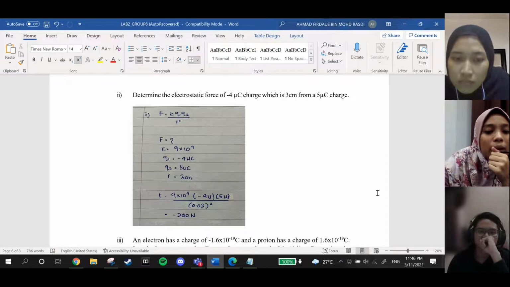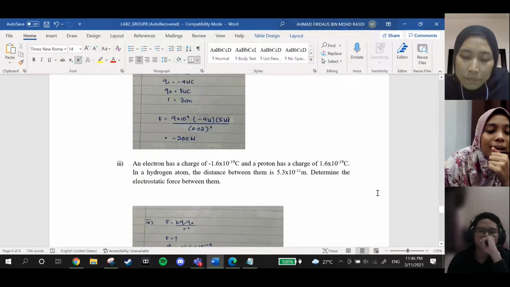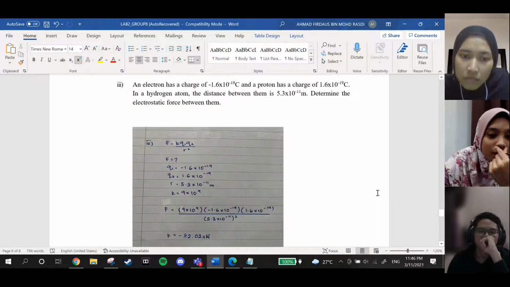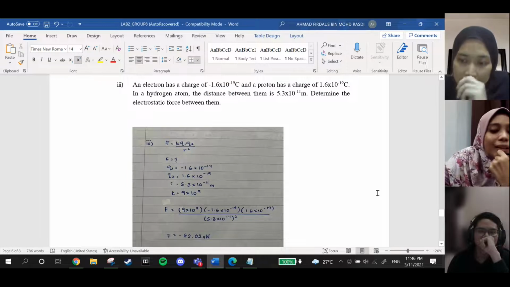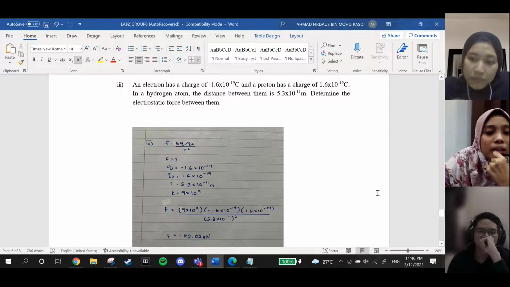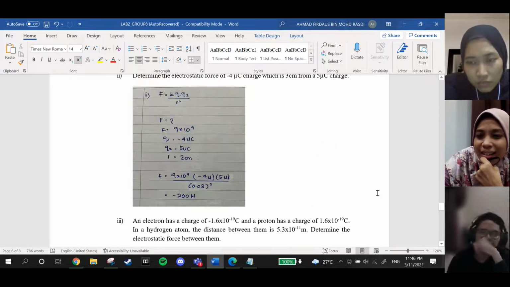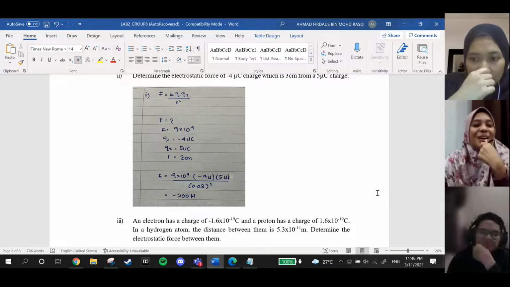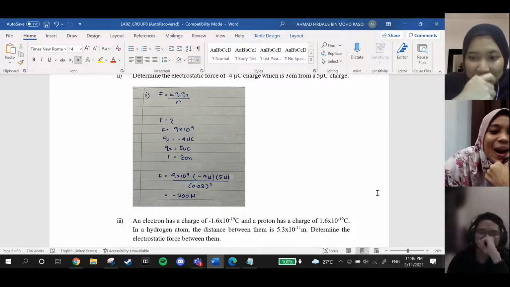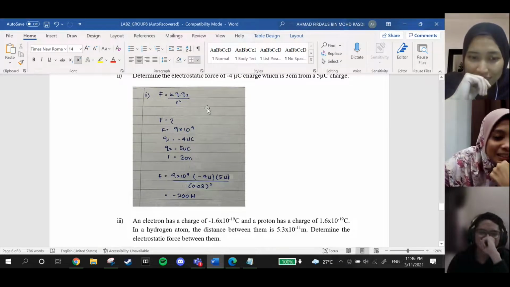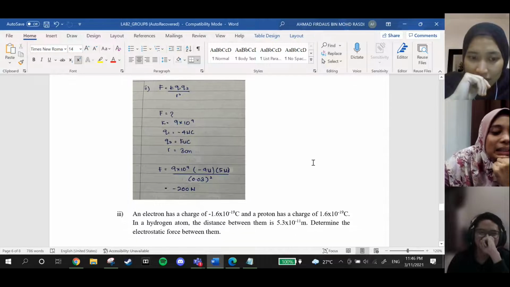And then we got the force is 200 Newton. Why actually can the force not become negative? Because there is an absolute value, modulus, in the formula. All right. Next.